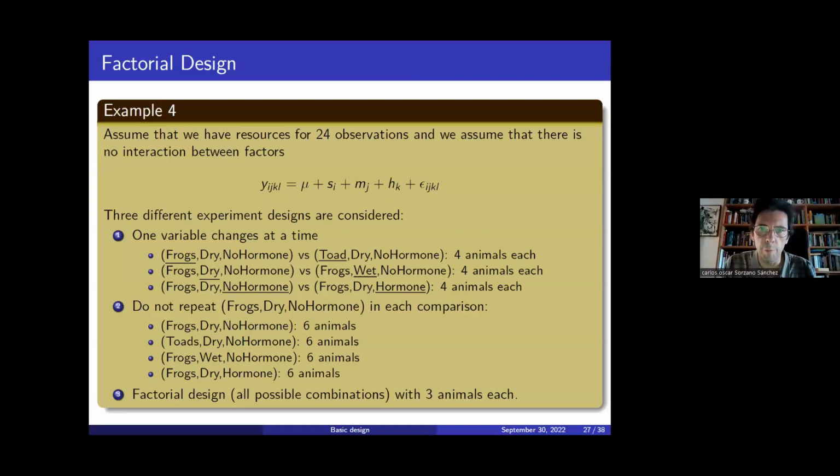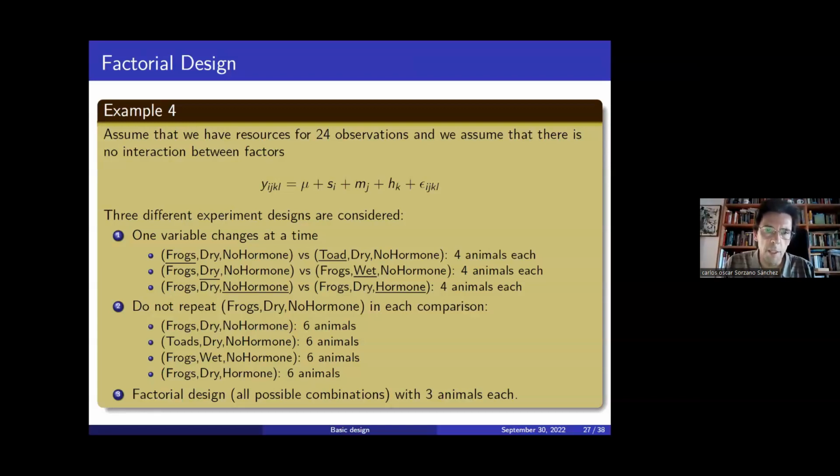And I will have 4 animals in each one of the groups. And then if I see differences, these differences are caused because of the species. And then being wet or dry before doing the experiment, and 4 animals each, and then hormone, not hormone. So this would be a possible way of designing the experiment.